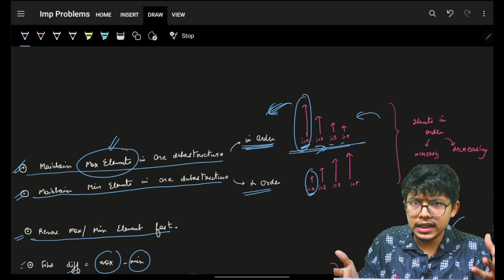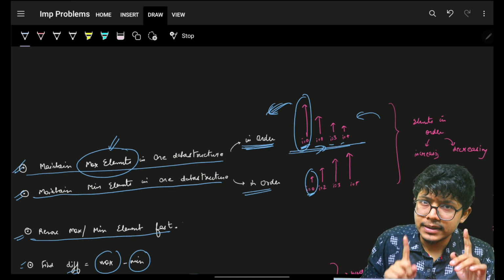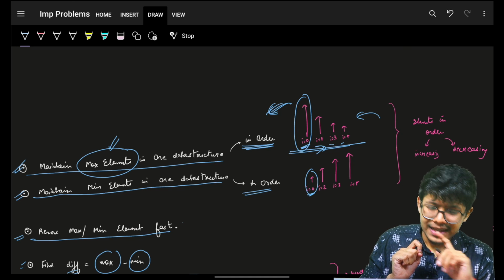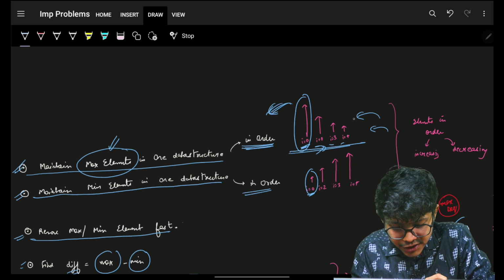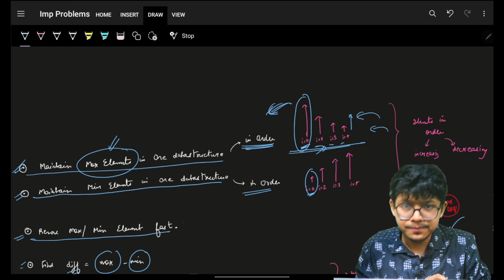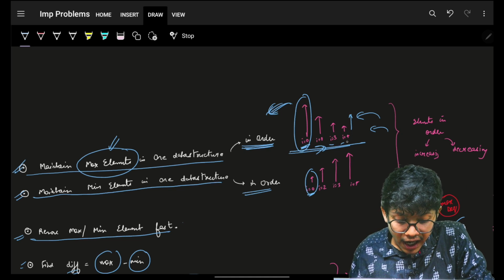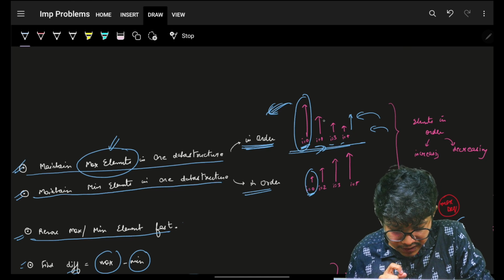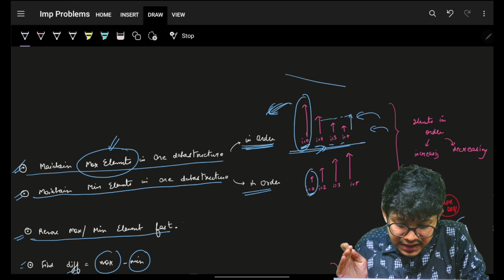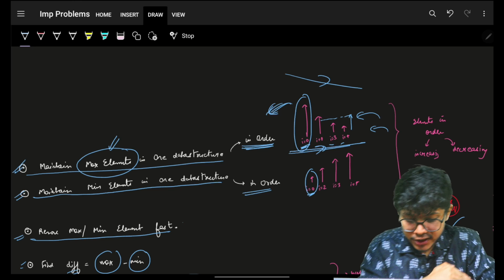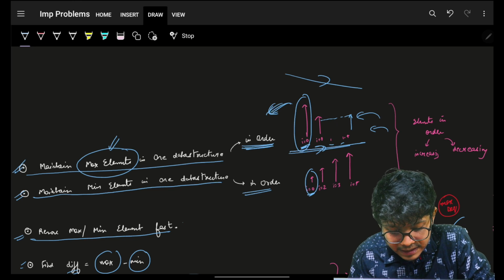It seems like I can use a queue, but there's one thing: if a new element comes in which is, let's say, higher, to maintain this decreasing order you will have to remove these elements also.